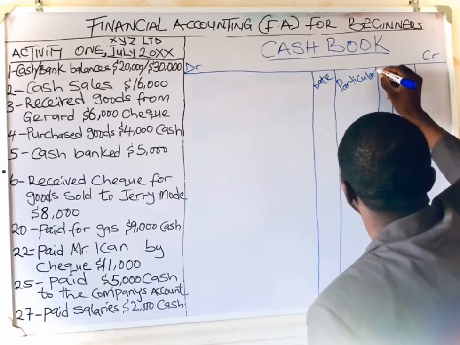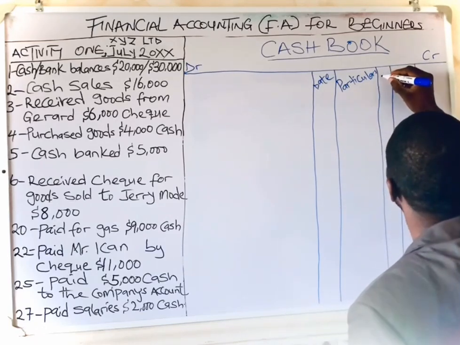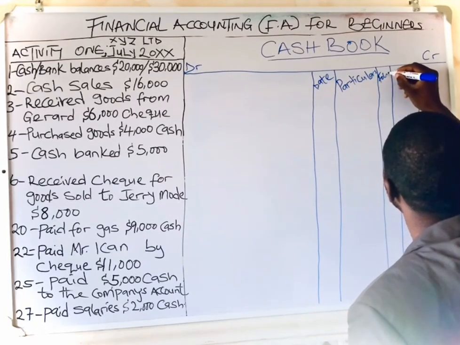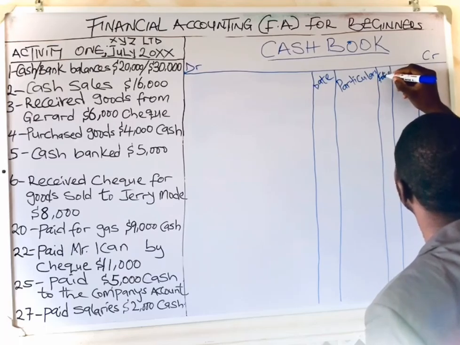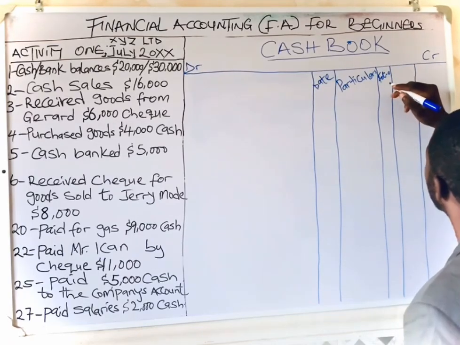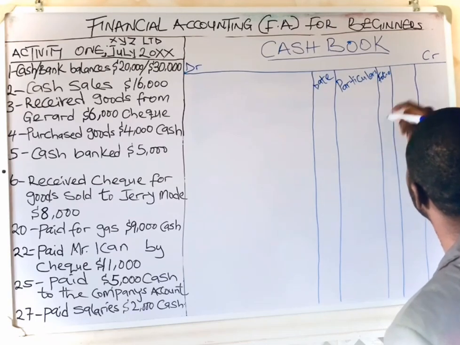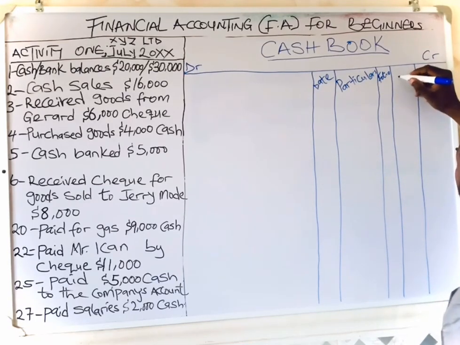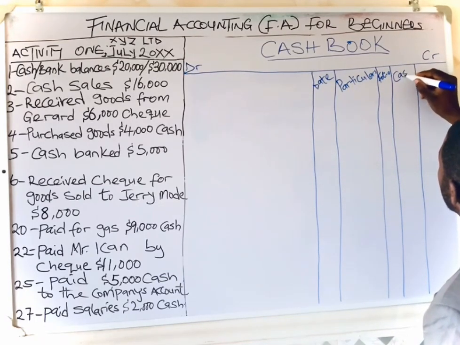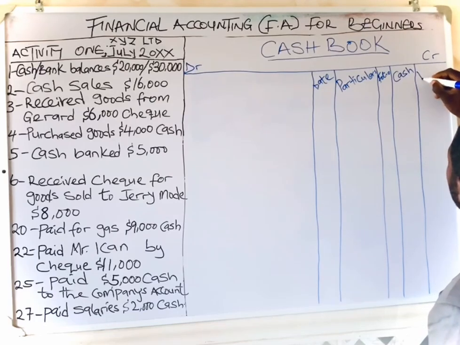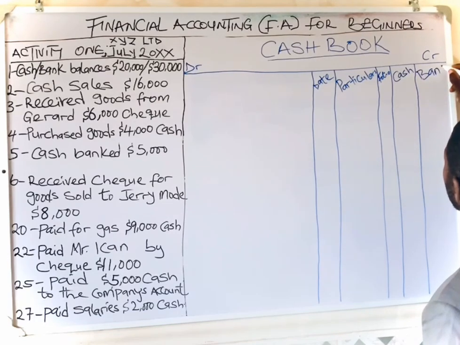Folio is just an indication to tell you the number or the place which the transaction or the ledger falls in.